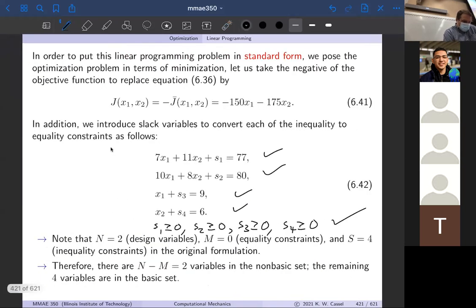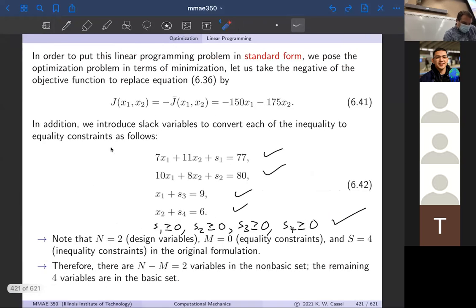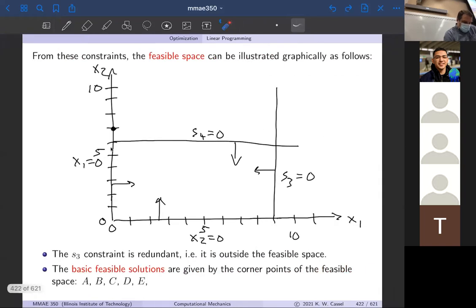Then if x2 is 0, then this term goes away, and I have 7x1 is equal to 77. So that would mean that x1 is equal to 10. So when x2 is 0, that is this x1 axis. And what did I say it's equal to? It's equal to 10. So it's right here. So I need a straight-ish line that goes between those 2 points.